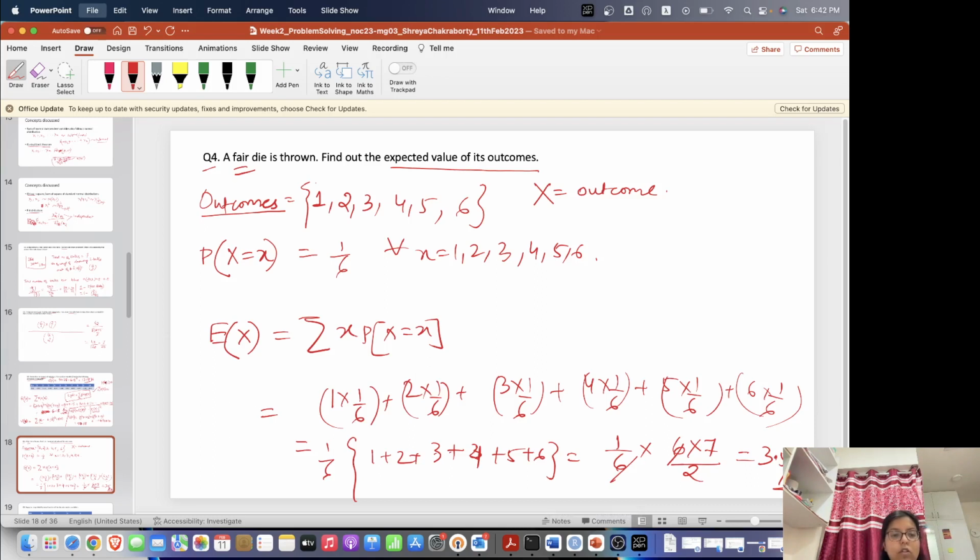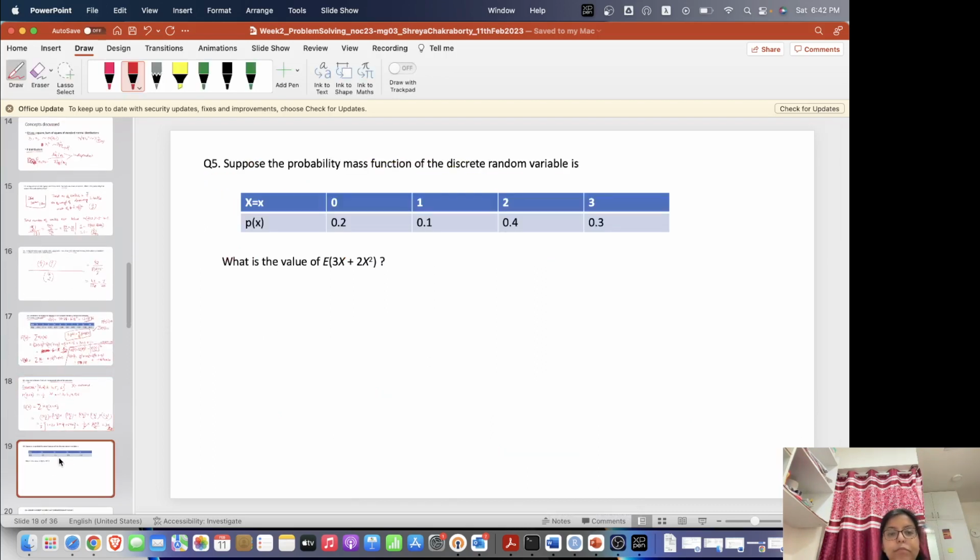So I'll move on to question number 5. Here we have been given the probability mass function of a discrete random variable, and we have to find the value of expectation of 3x plus 2x square. As a first check, is this a probability mass function? Yes, because it is adding up to 1.